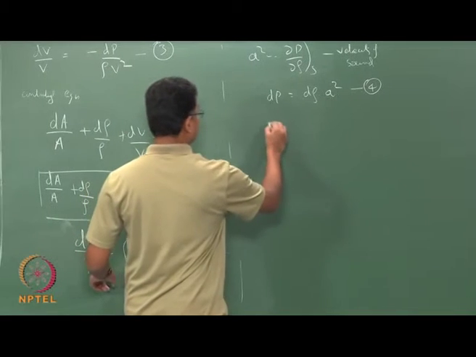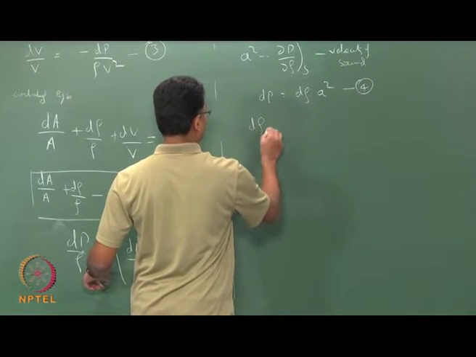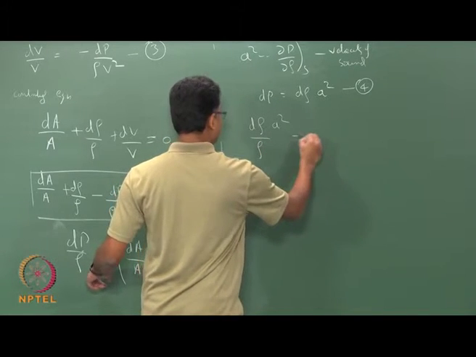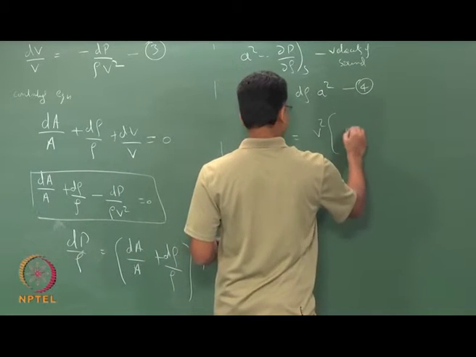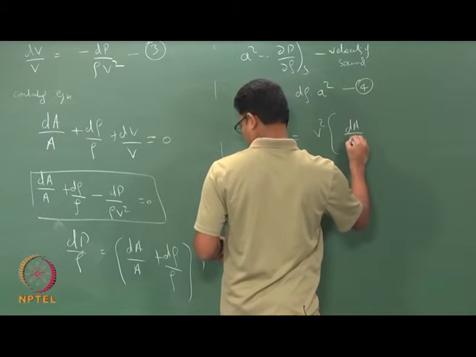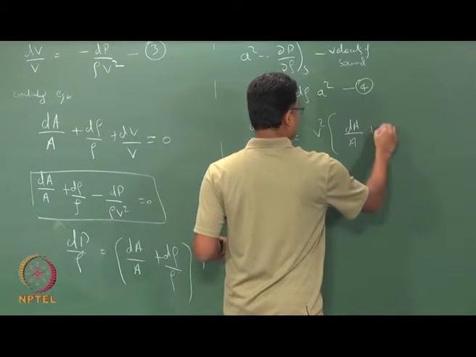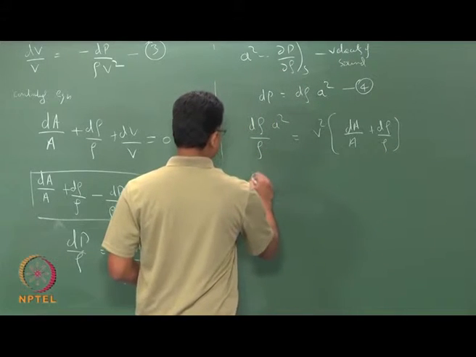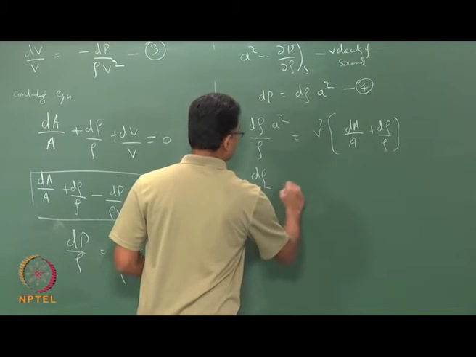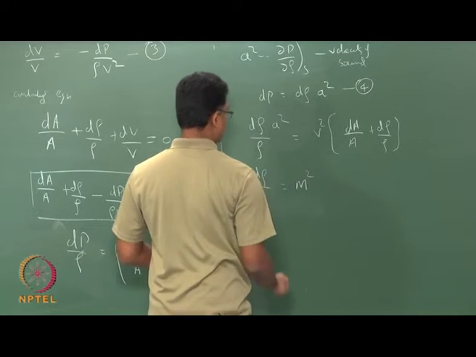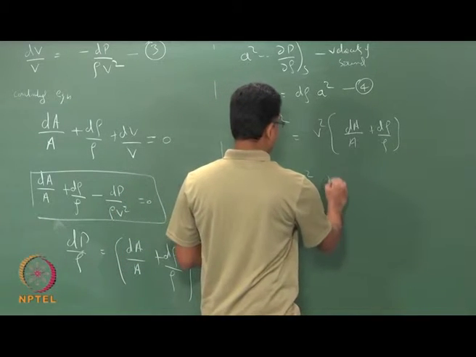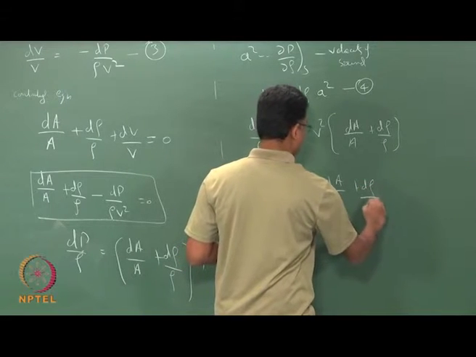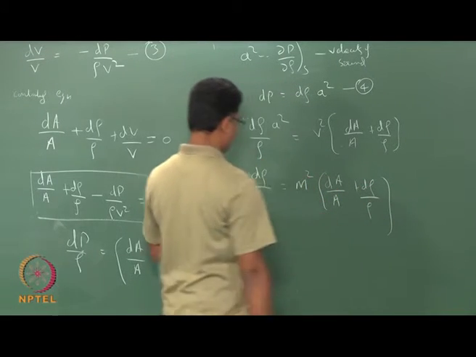So, dP by rho, which is d rho into a square by rho, equals v square into dA by A plus d rho by rho, which is M square into dA by A plus d rho by rho.